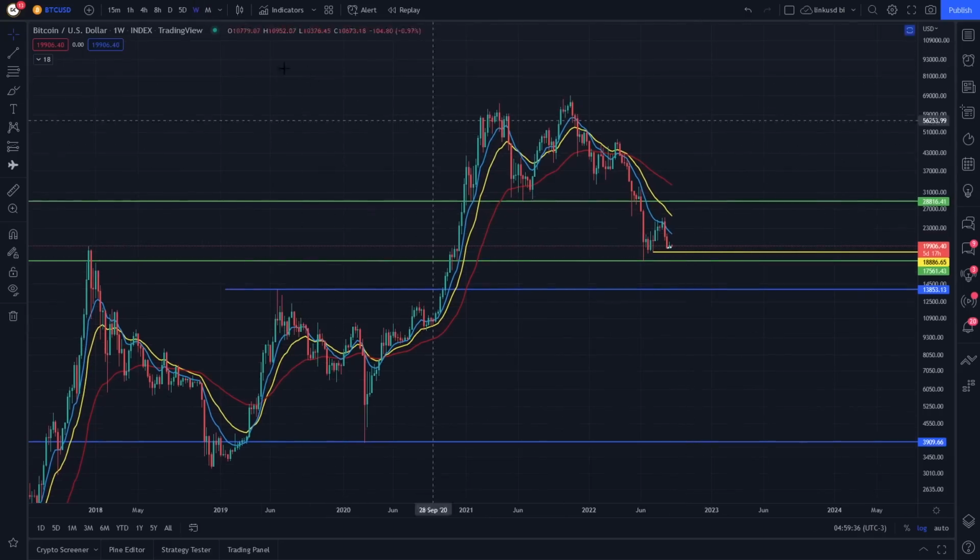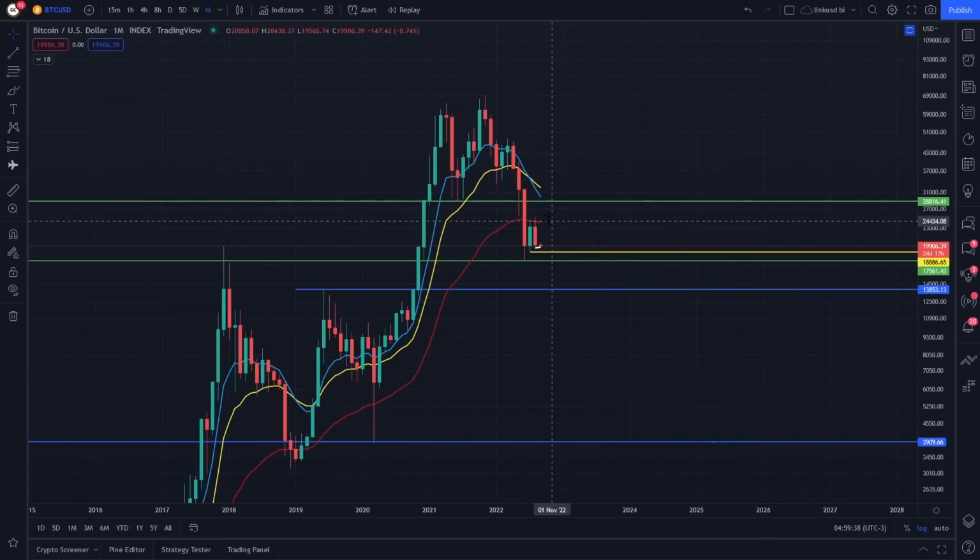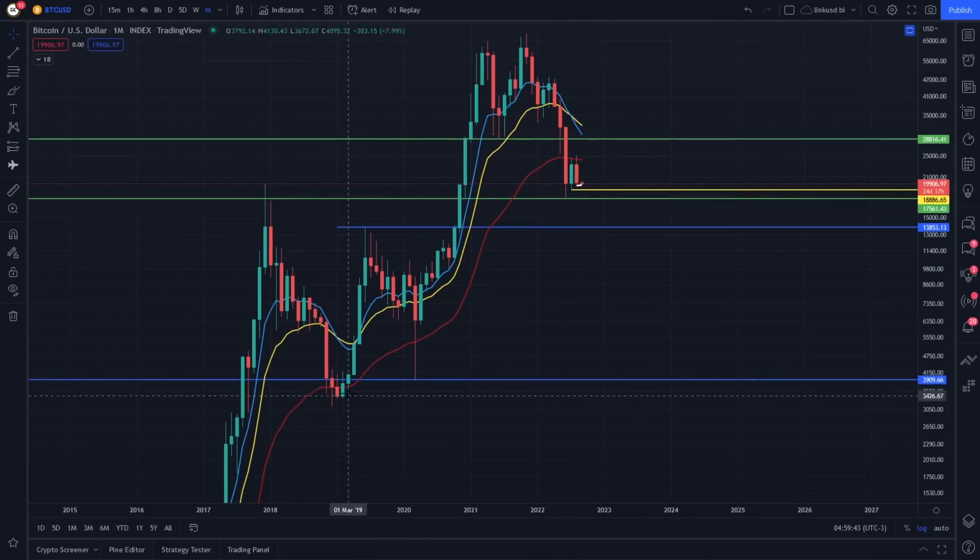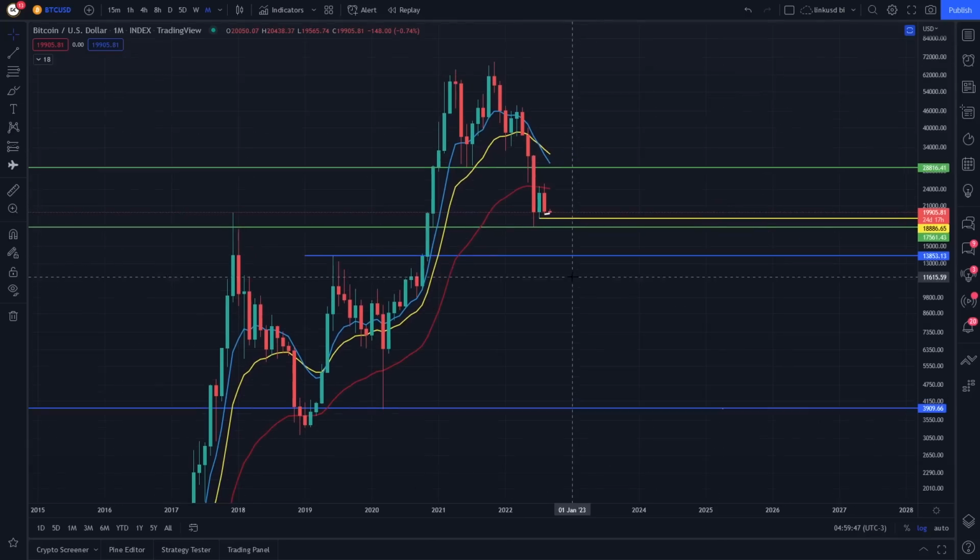So one thing that's concerning, like I've said to you, at the moment on the monthly time frame we are currently below the 55. This is something that Bitcoin's never done other than a couple of times. This is a major warning sign right now, that if we do consistently stay down here, and we've got the 55 coming down, we're being squeezed basically between resistance and support on the monthly time frame. If we do consistently stay down here, you can see how this could be a major level of resistance pushing us down for a very long time.